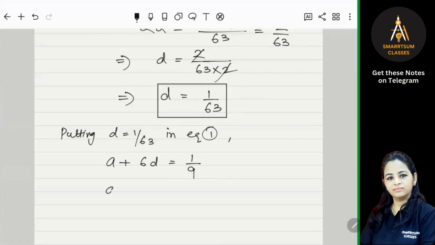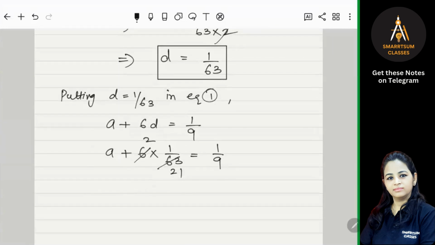Now 3, 2, and this is 21, right? So now you can write down A is equal to 1 by 9 minus 2 upon 21. Solve this.